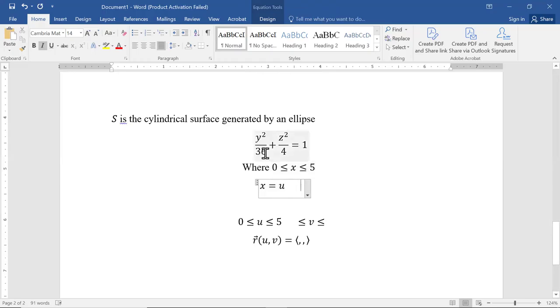Again, we're going to use the fact that cosine squared plus sine squared is equal to 1.